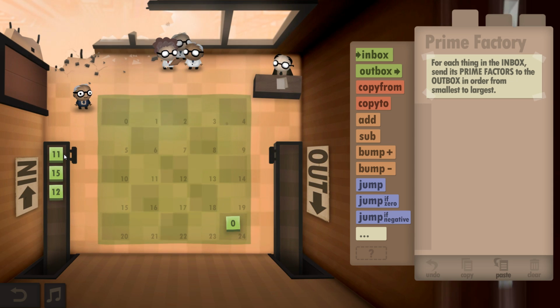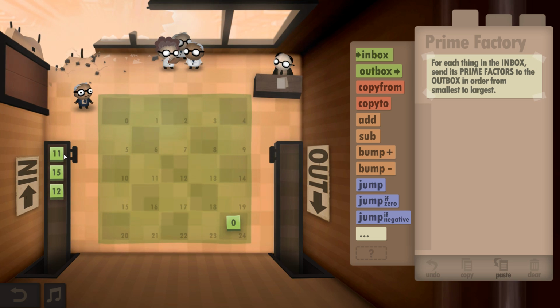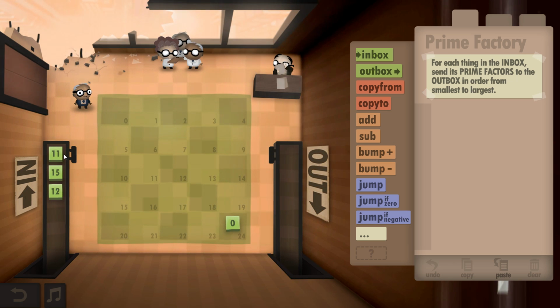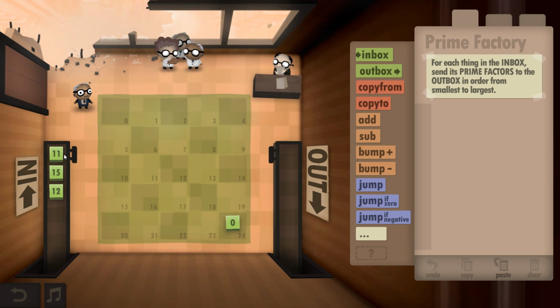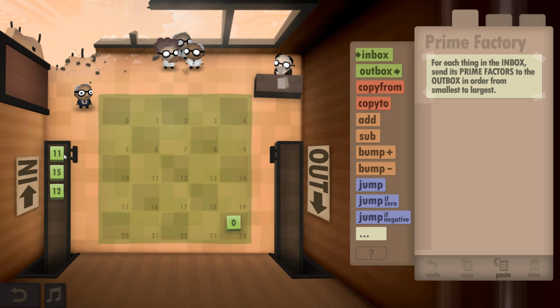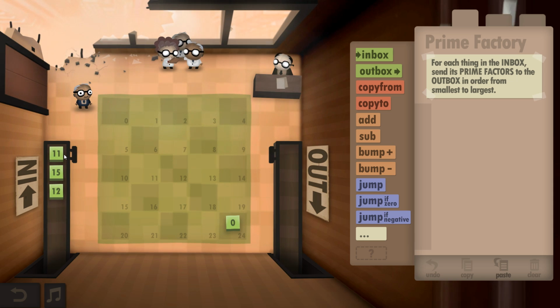For 12, I don't know. Oh wow. 2 and 3 and 2? Will it work like that? I don't know how to do that.